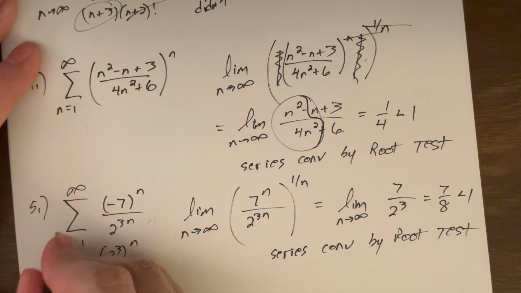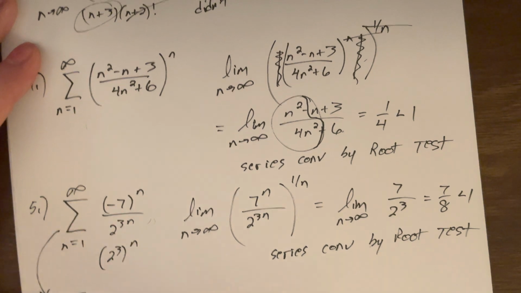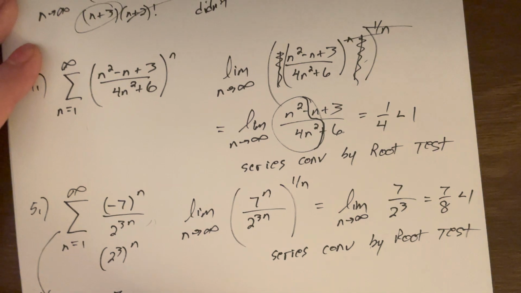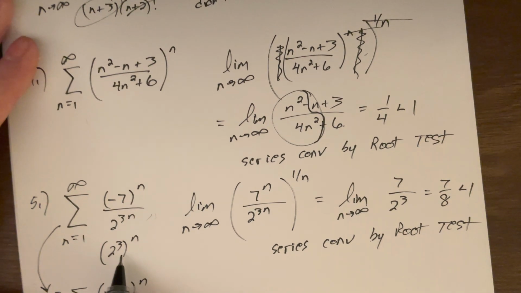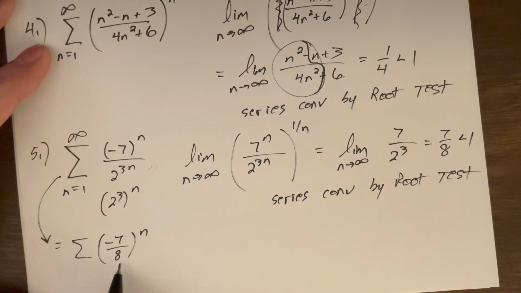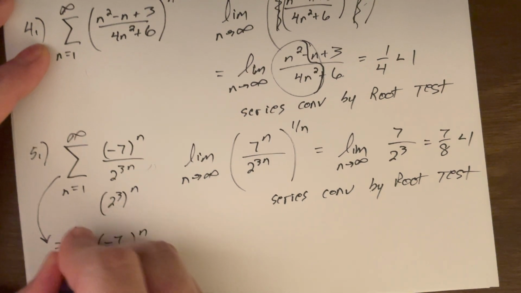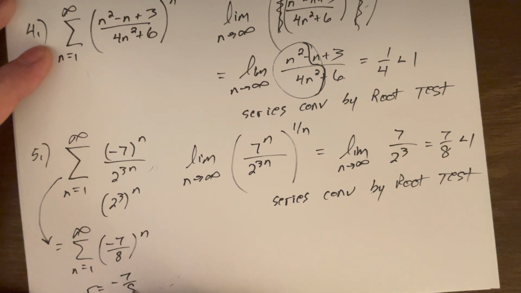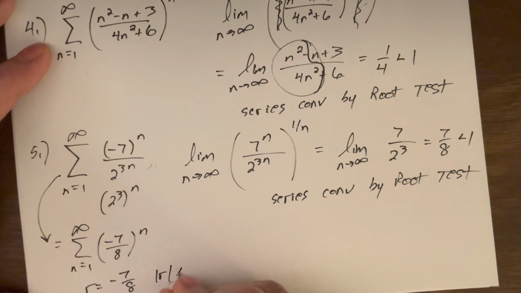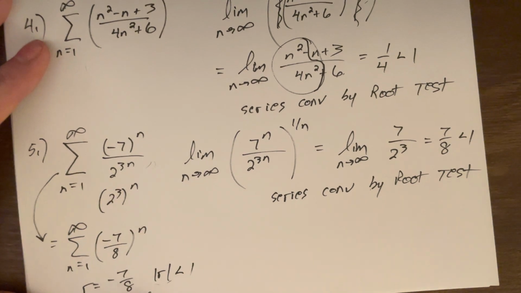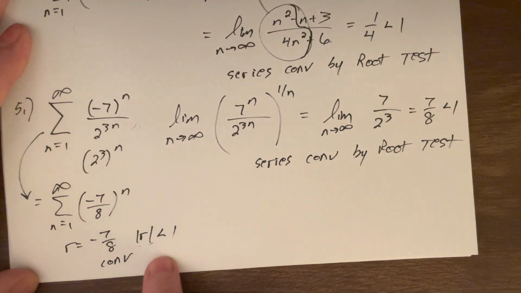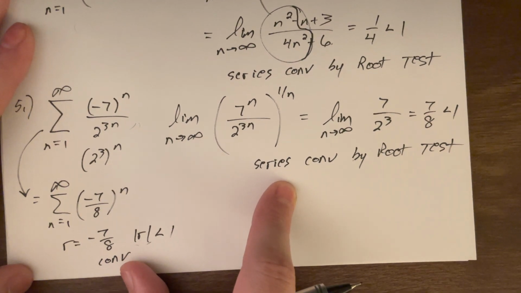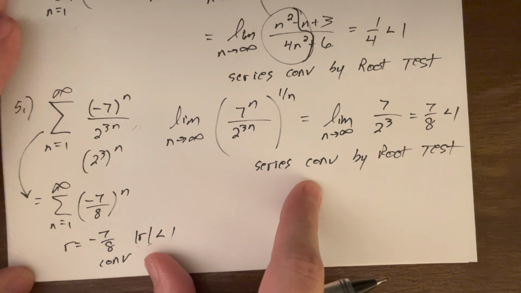So I could bring all of that together, minus 7 to the n over 2 cubed to the n. 2 cubed is 8, so it can be grouped together as minus 7 over 8 to the n. You can still write out some terms if you prefer, but now r is minus 7/8. The absolute value of r is less than 1. Different reasoning, but we still ended up with the same result, and that result is fully supported by the work that we showed.